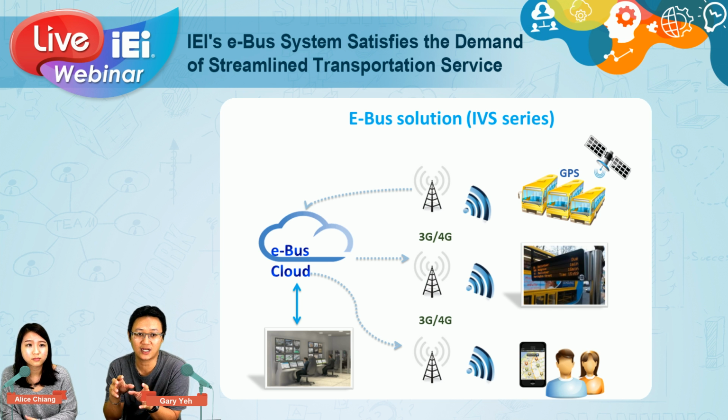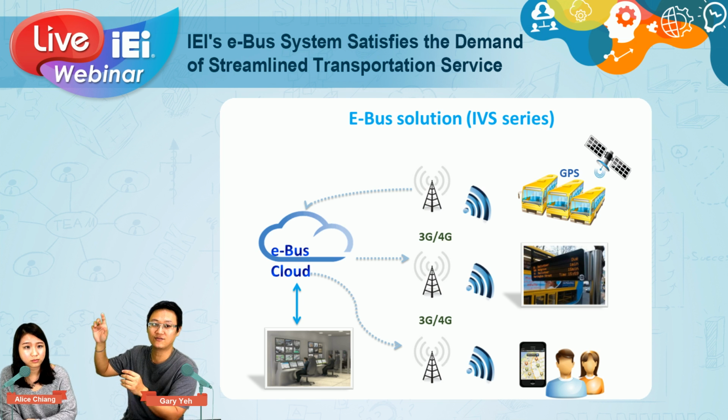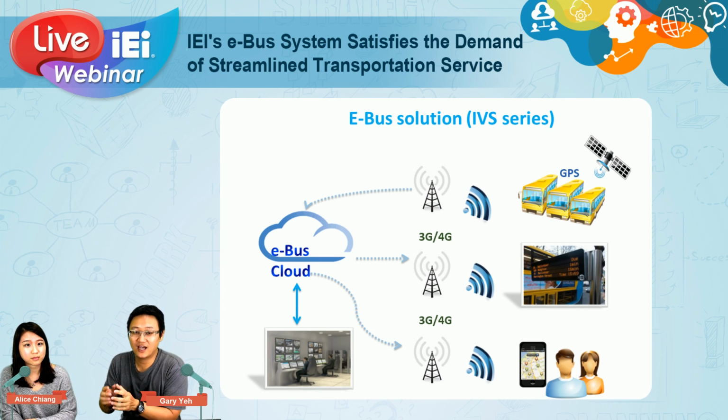our eBus cloud, which is the control center. They have an algorithm to calculate how many minutes your bus will take to arrive at the station, then pass that to the bus station, and the passenger will see, maybe, my bus will come in 3 minutes.